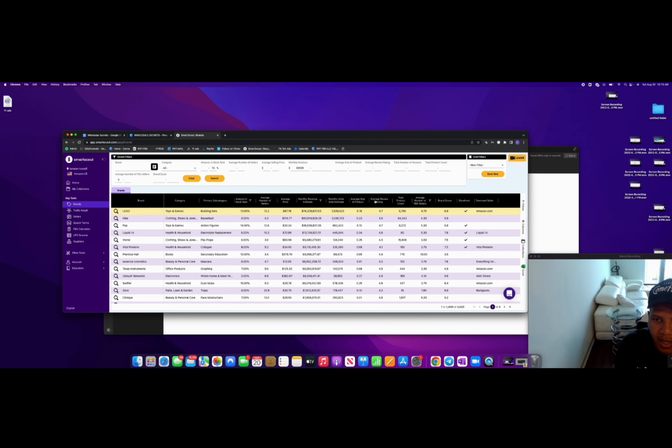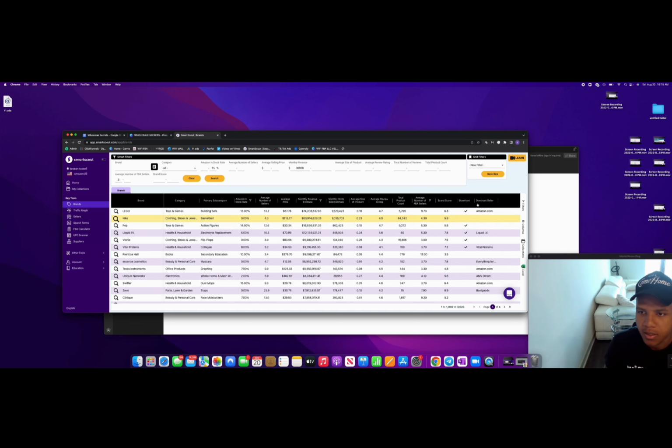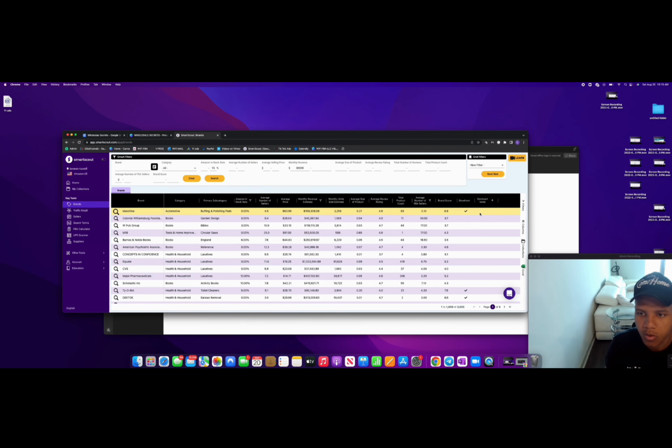Now, once you do that, here's what you've got to do. Dominant seller. What you want to do is click equals, not 0, but equals nothing, okay? Or you could click up.